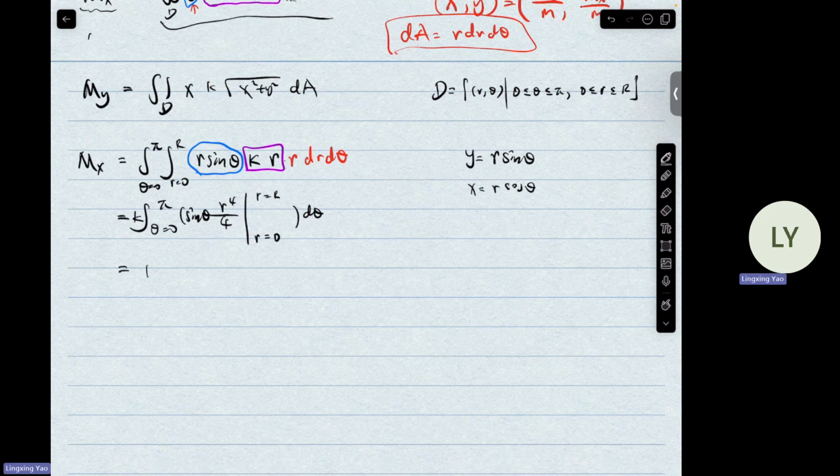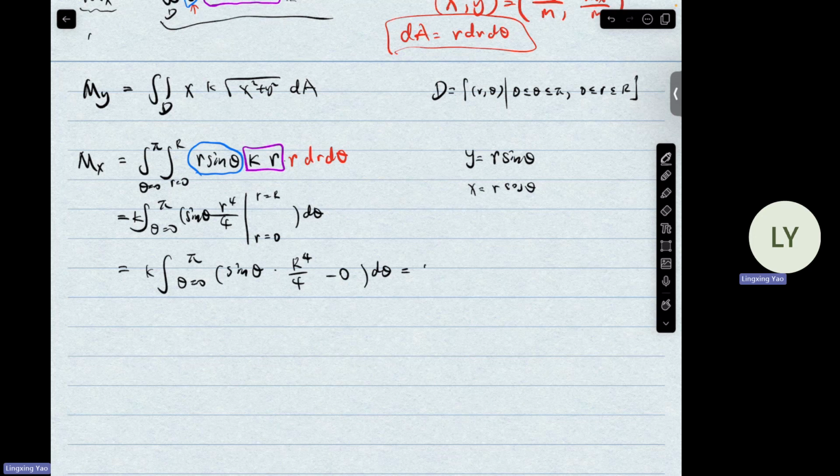So now we have sine theta times big R to the 4 over 4 minus 0 d theta. And remember, the antiderivative for sine theta is, I think, a negative cosine, right?